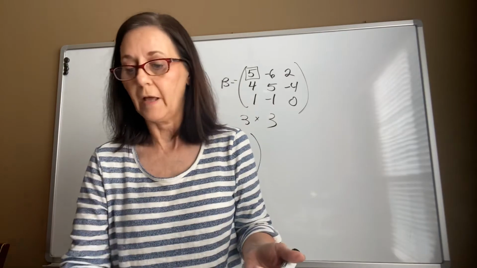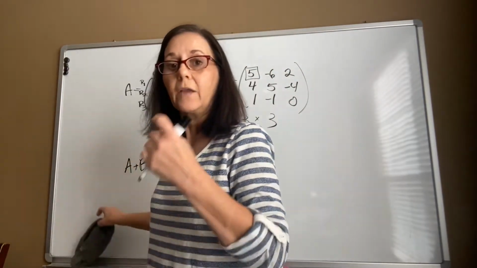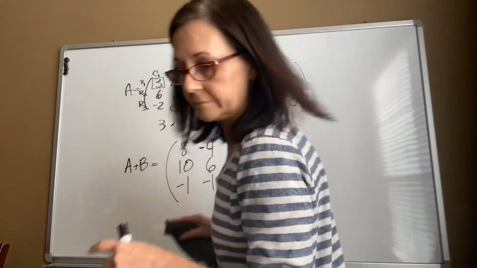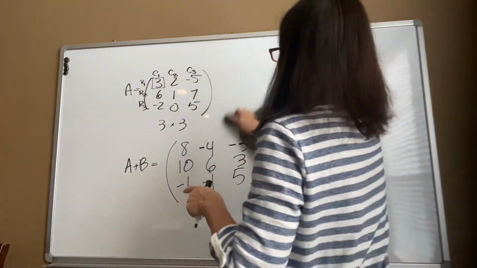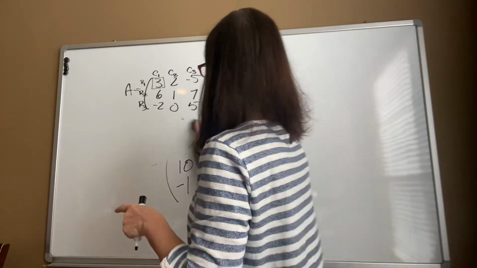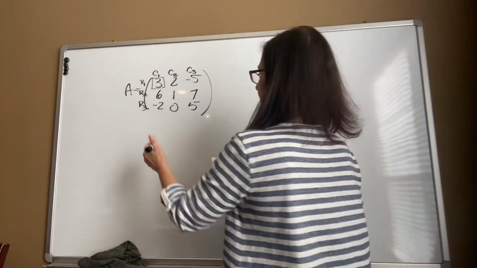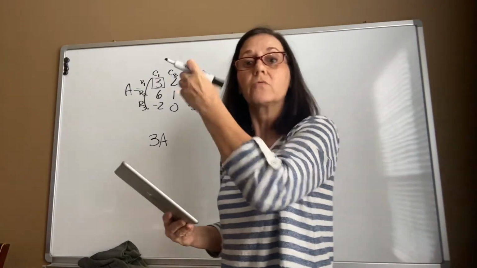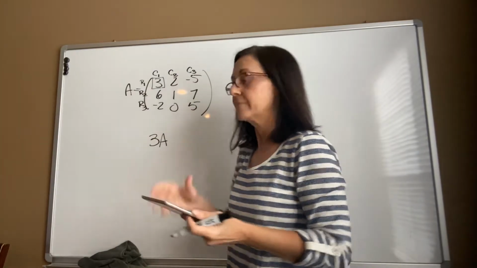Now, in order to multiply, the first thing we're going to look at is called scalar multiplication. That is taking one value and multiplying it by a single value. So we're going to leave matrix A on the board. And example 2 is just asking us to find 3A. And all that means is I'm multiplying 3 by every term in the matrix.